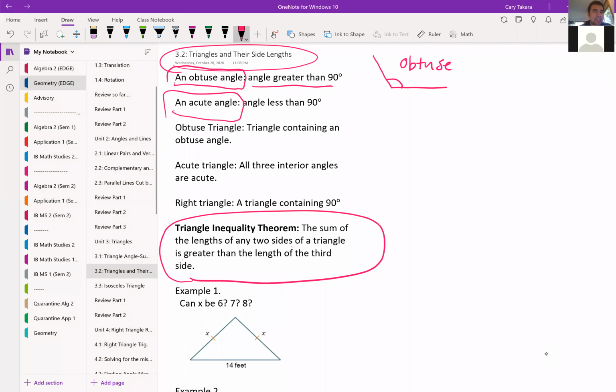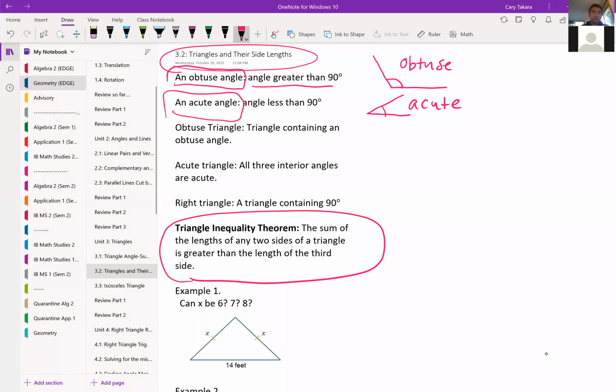The next one is acute. Now, what is an acute angle? It's an angle that is less than 90 degrees, something like this. Acute means sharp, isn't it? Right? So acute angles are really sharp.